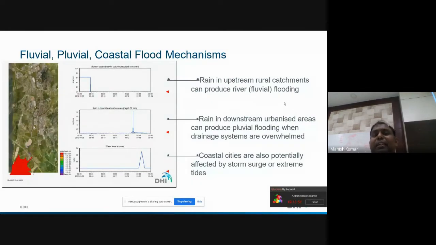So in an urban area especially, you can have at the same time your river carrying lots of flood water in your urban area, at the same time intense rainfall in that area, and also if that urban area is in a coastal region, that flooding can be further affected by storm surge or extreme tides. So the model should be capable of generating flooding from all three scenarios, and MIKE Plus software or MIKE Plus flood has the capability to generate this type of flooding.